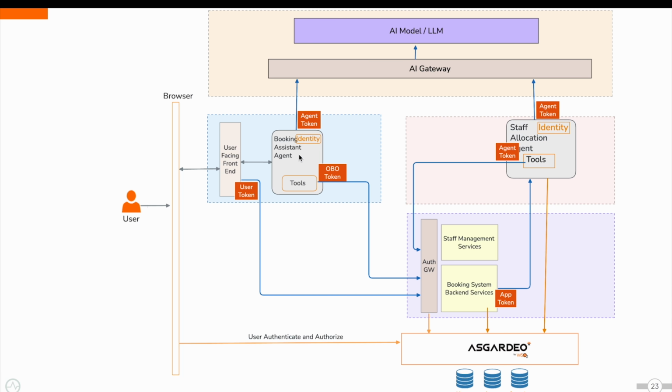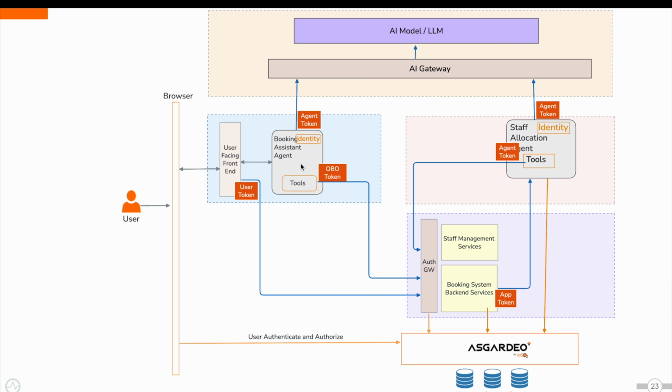There's a user, an agent working on behalf of the user, an agent working on its own as an ambient agent, and a set of backend systems secured with Asgardeo. When the user is acting on their own and manually doing the booking, it uses a regular user token, which has permissions to access the necessary APIs.